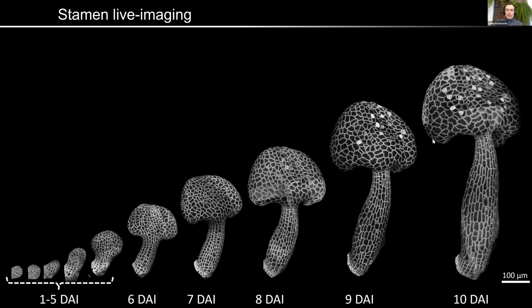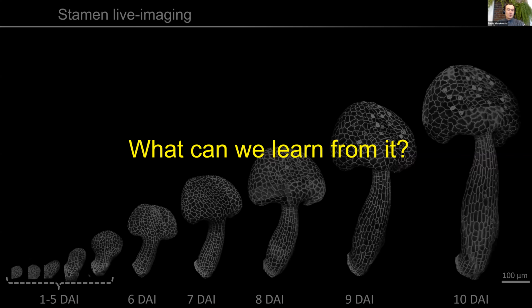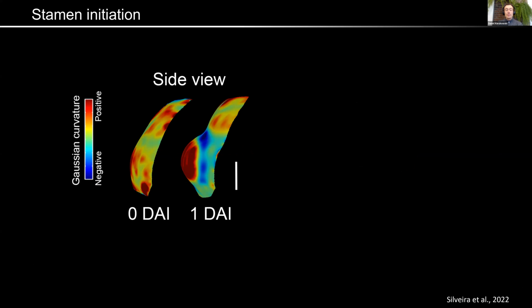So it's more than 1.5 weeks of imaging that we can now perform. So what can we learn from that? Quite a lot of things. Of course, I don't have time to go into details in this talk, but I will give you some examples. For example, we can try to understand how many cells are giving rise to the stamen primordium in the epidermis.